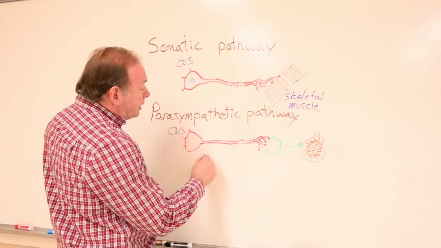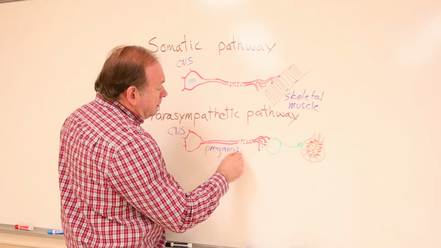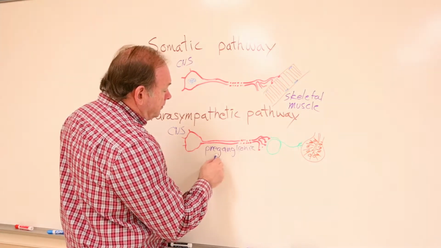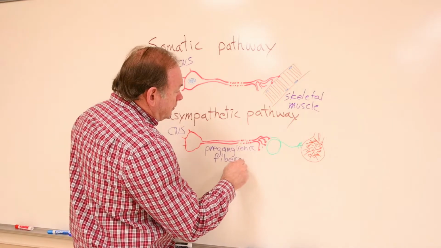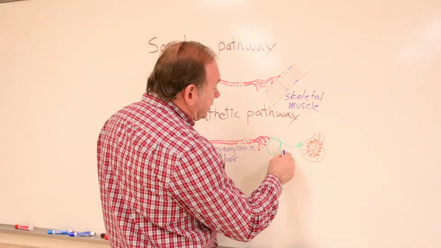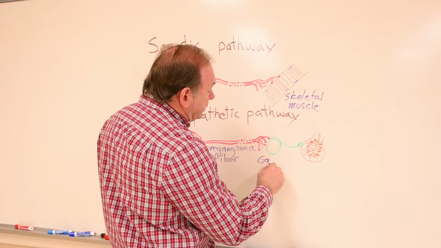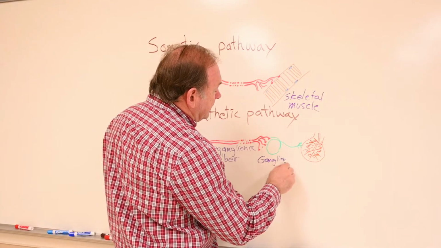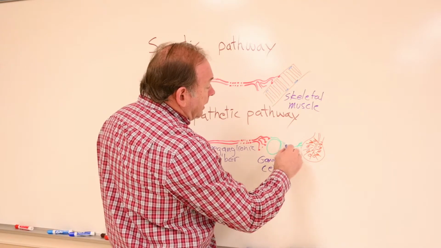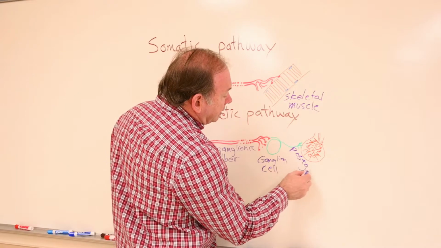This is called a preganglionic fiber. It extends almost all the way out to the organ typically, and then will synapse with the ganglion cell. Here's your ganglion cell. And then there's a short section here called a postganglionic fiber.